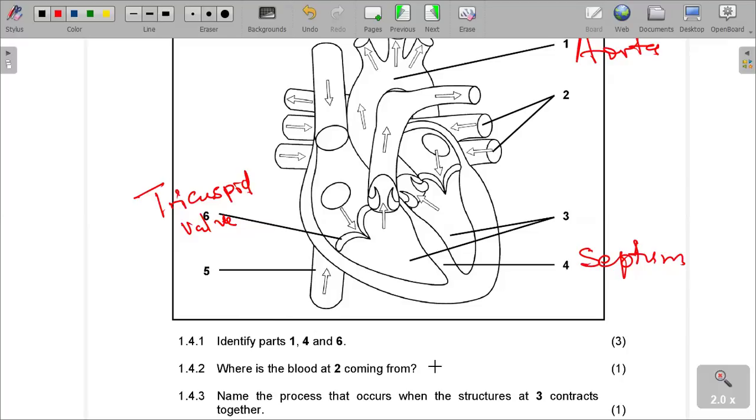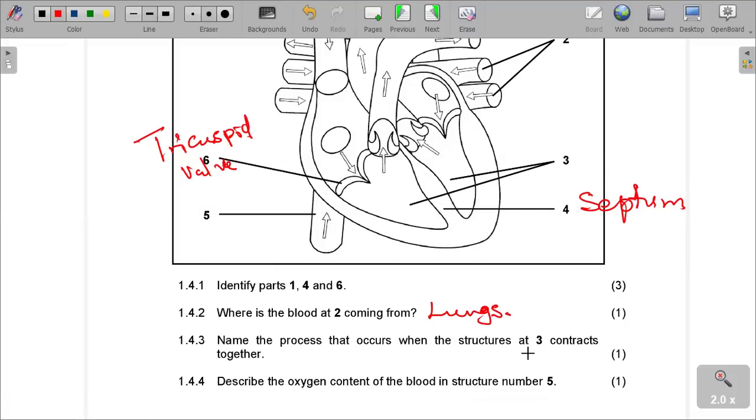If you go and look at the structure of the heart, you can understand and see that the blood found at 2 is coming from the lungs. That is very correct. And then name the process that occurs when structures 3 contract together.